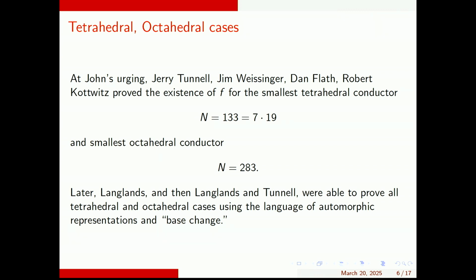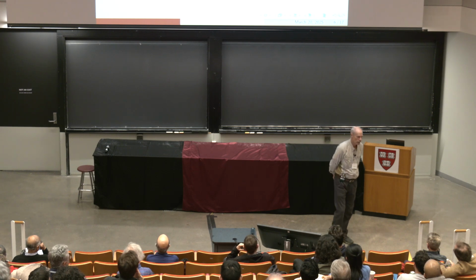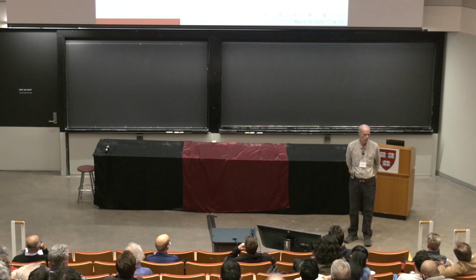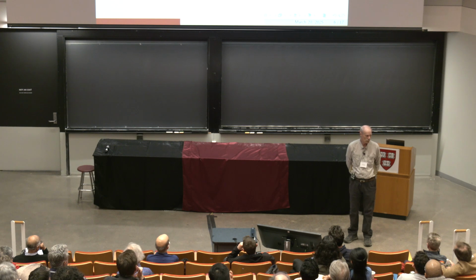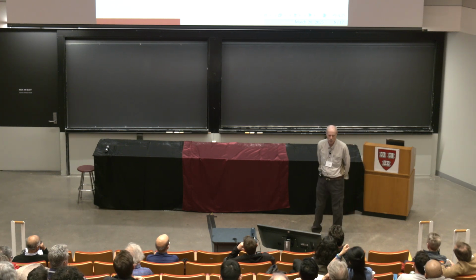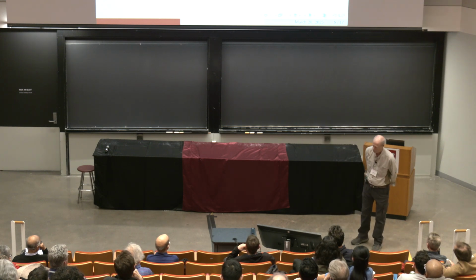It wasn't quite as simple as pushing up or restricting, however you want to think of it, to the extension. You had to play with more groups to make that all work. So this actually was not complete for several years, but it sort of showed how you would handle the tetrahedral and octahedral cases, and pretty much didn't require the base field to be the rational numbers.